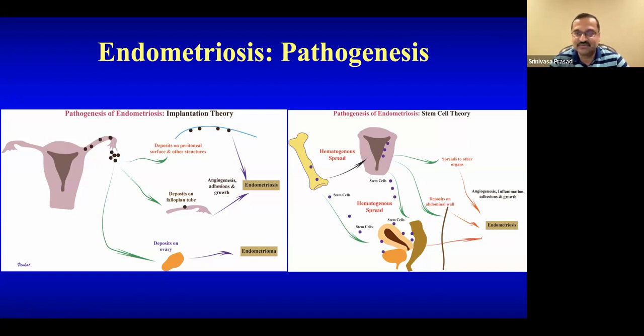So one of the current theories that's going around is the so-called stem cell theory, in which both the hematogenous, or the bone marrow, as well as some of the stem cells within the uterus undergo either hematogenous or direct contiguous spread to other pelvic organs.